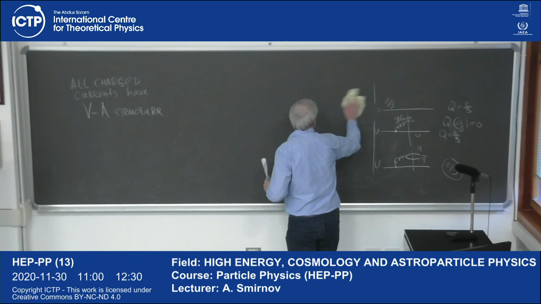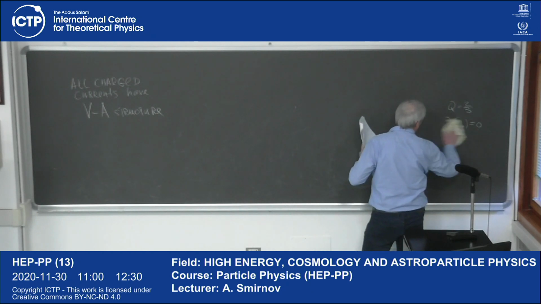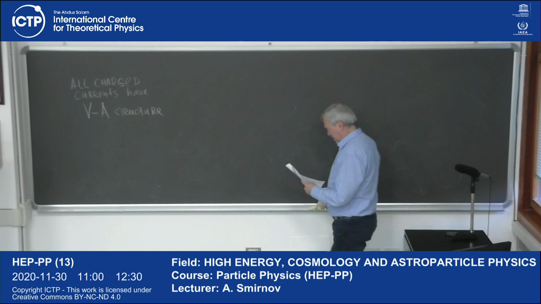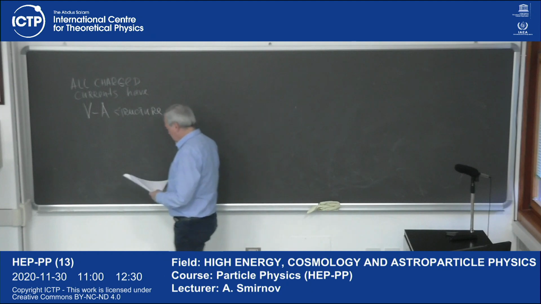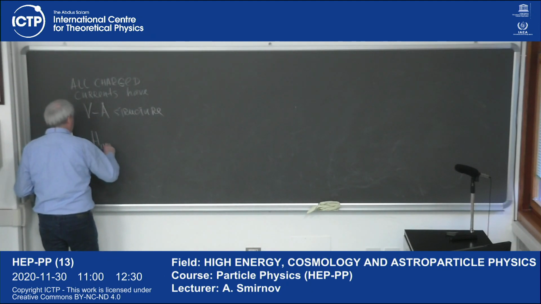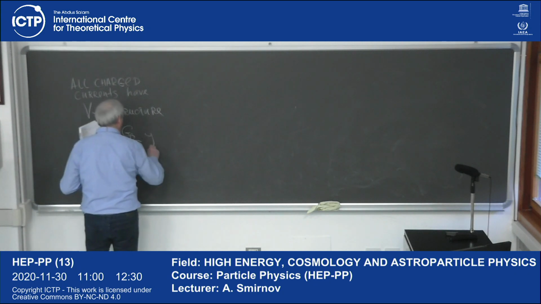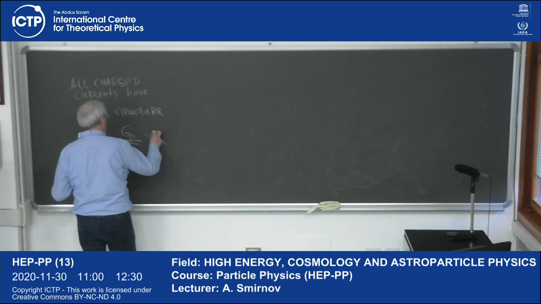Now we can write the Hamiltonian at quark level, responsible for beta decay and other decays. So the Hamiltonian of interaction is G beta over square root of 2, or just Fermi, and then the product of currents, G alpha.